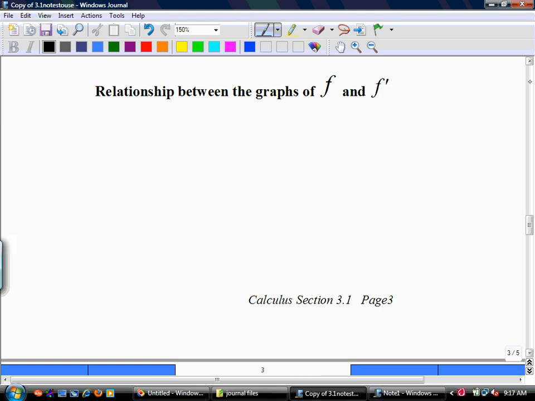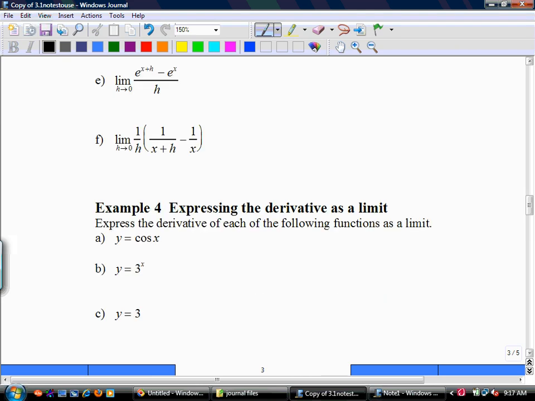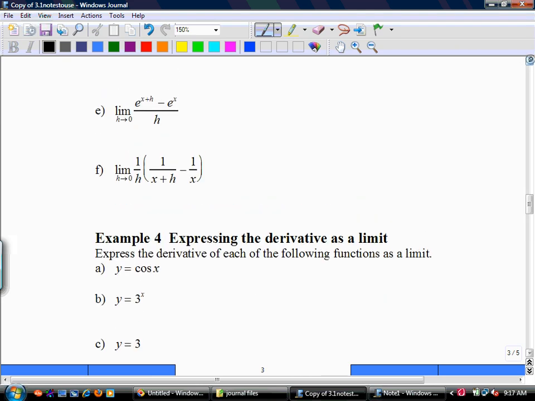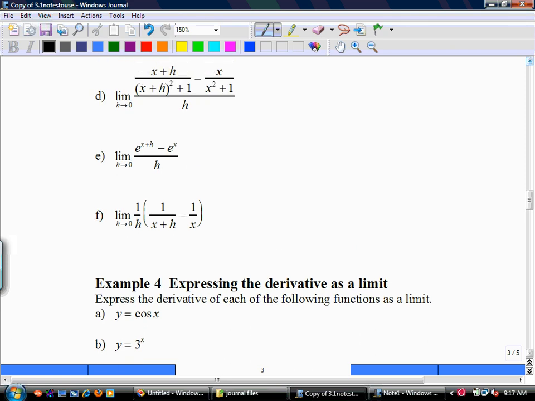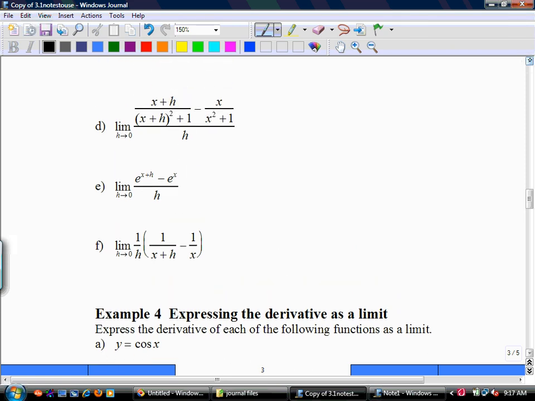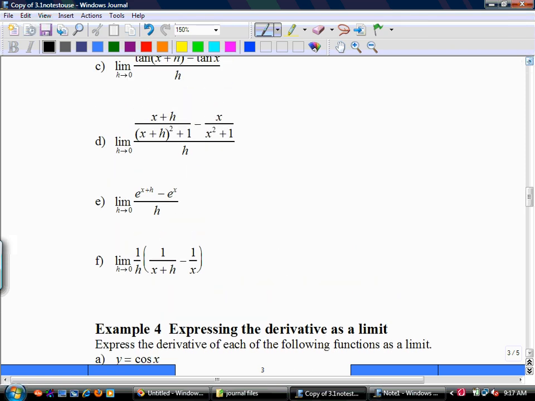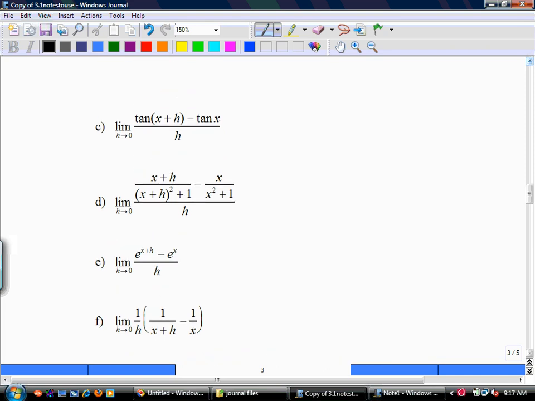Okay, next one. Whoa, got too far. Okay, so what I'm going to do is I'm going to write the definition of the derivative above it, and then you can see what I'm doing. The derivative, f prime of x, is the limit as h goes to 0 of f of x plus h minus f of x all over h. So I'm asking you what the original function f of x is.